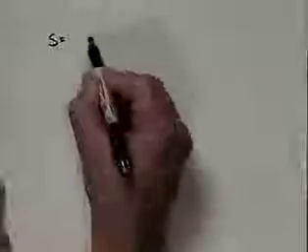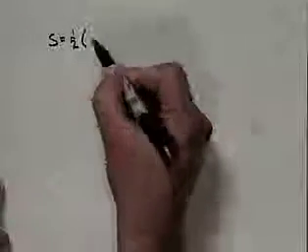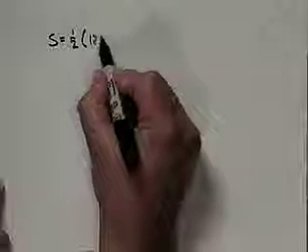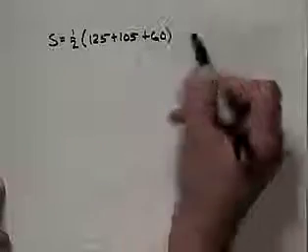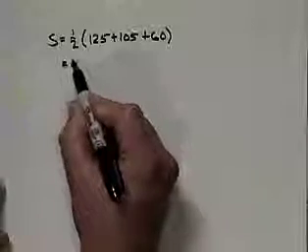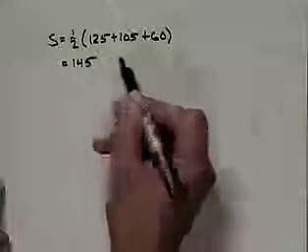Now let's find the area of the second triangle. Again, using Heron's formula. We'll start by finding S. S for this triangle is 1/2 times 125 plus 105 plus 60. And evaluating this, we get 145.